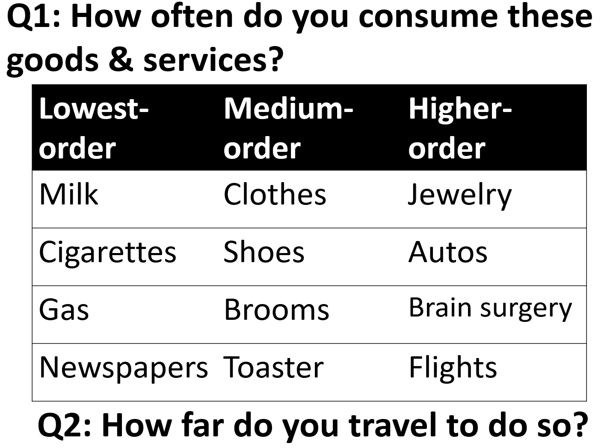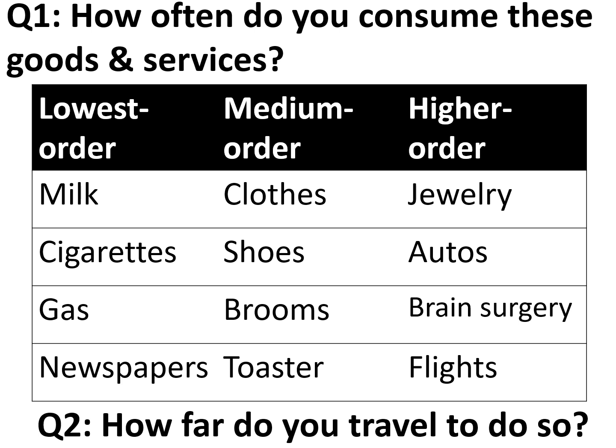There are some things that you consume a lot and that don't cost very much, but you will frequently consume those. Those are all characteristics of the lowest order goods and services. Medium order goods and services are things that you only do maybe once a year or a couple of times a year.